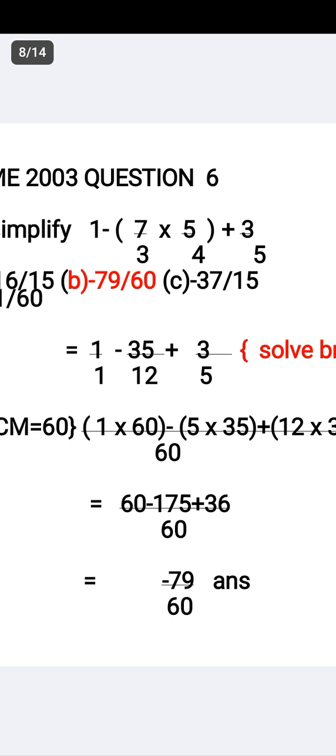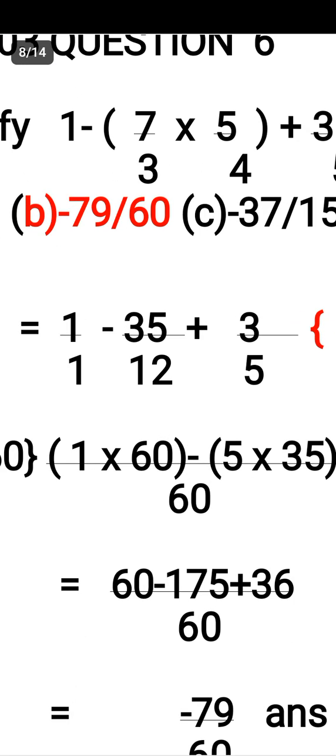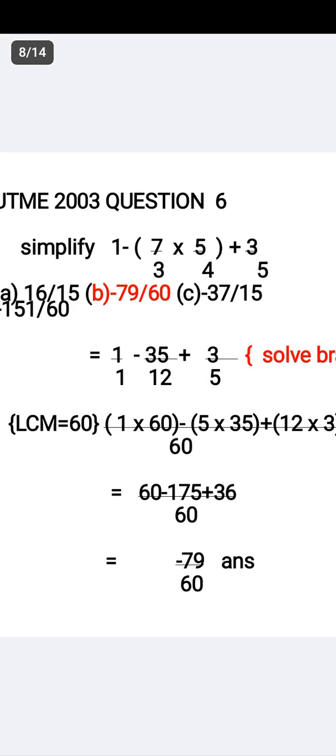What we need to do next is just addition and subtraction of fractions. We're going to find the common denominator, which is the LCM of 1, 12, and 5. The LCM of 1, 12, and 5 is 60.